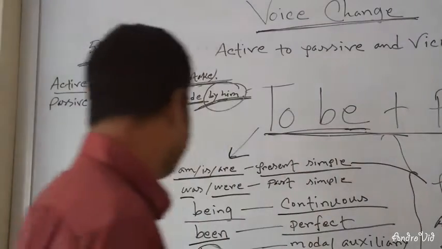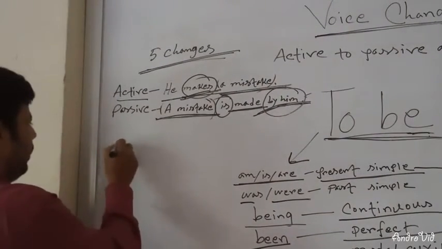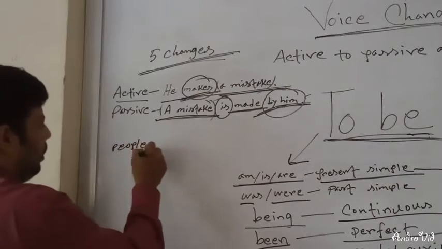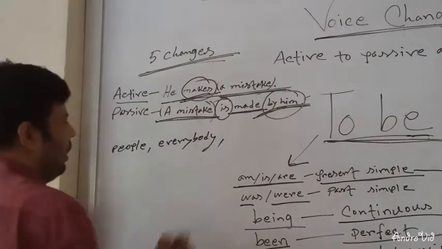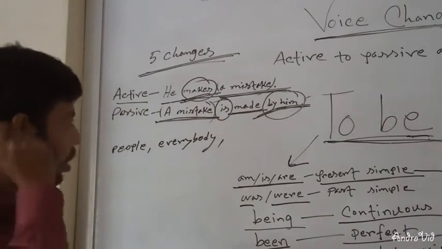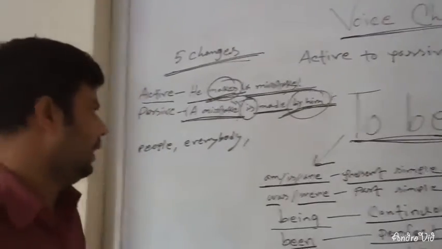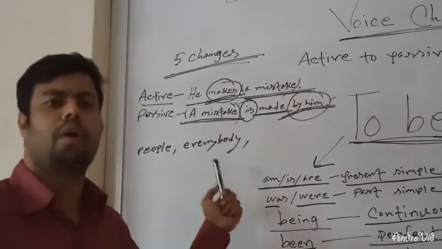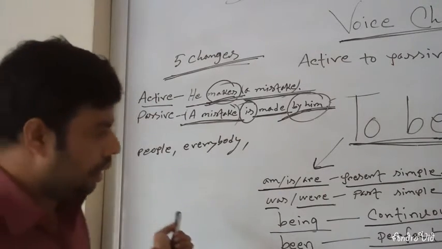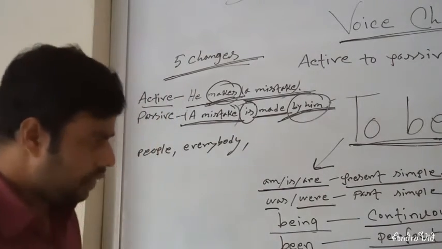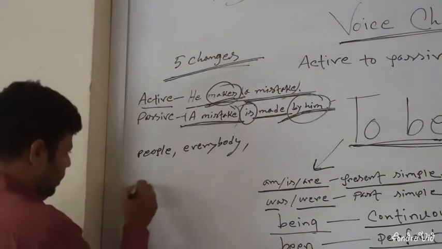If you have a subject like people, everybody, everyone, or any subject that is easily understandable, in that case you may omit the subject in the passive voice. Let's see an example.